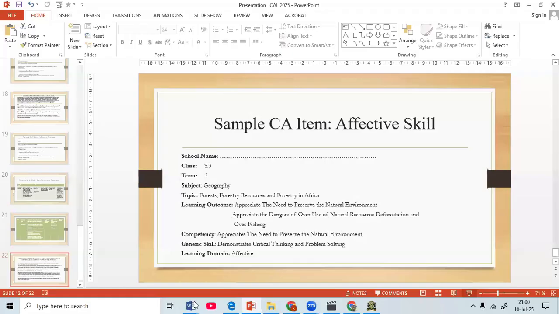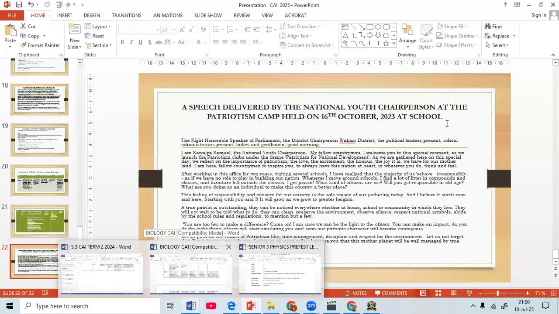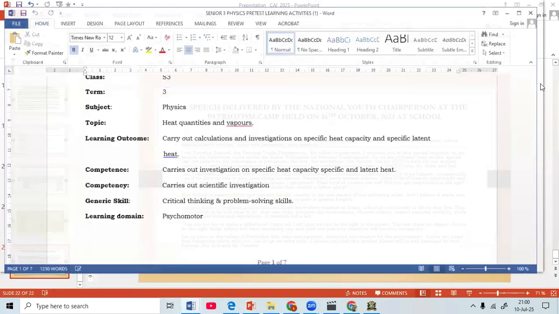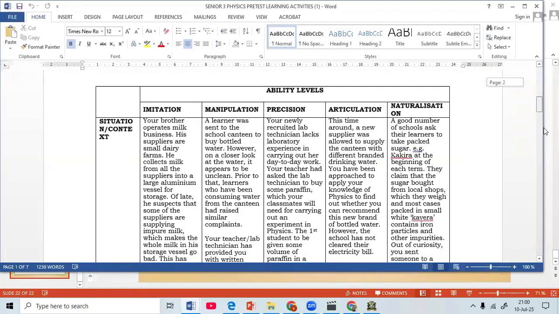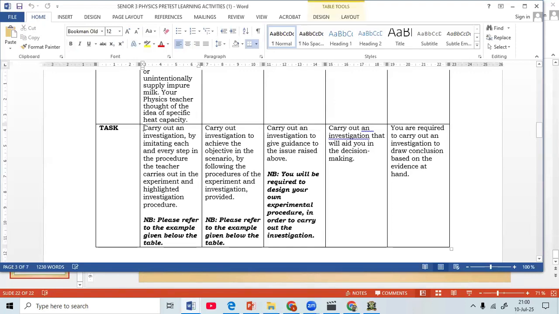So these are some things we do. In case I'm in science, maybe looking at physics and the practical, I'm going to ask myself what kind of tasks I need to set. This is the task I can set if it is of an investigative nature: can the learner be able to carry out an investigation?